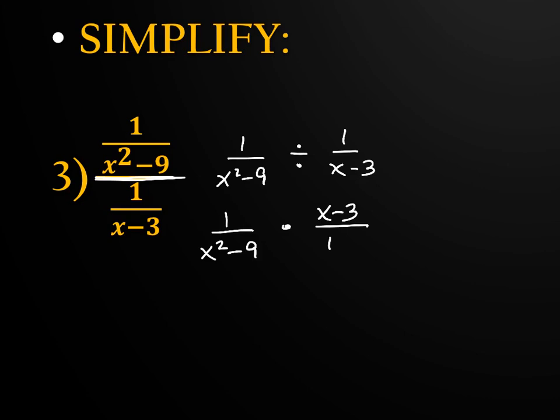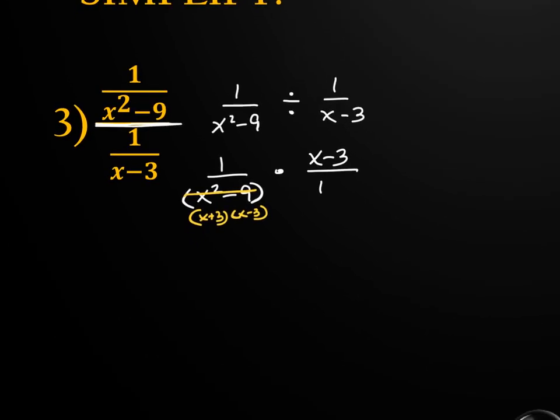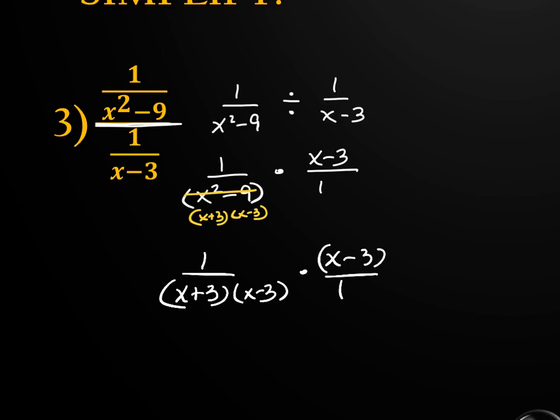Now I need to factor this one. It becomes x plus 3, x minus 3. So let me rewrite it so it's nice and clear. So it now becomes 1 over x plus 3, x minus 3, times x minus 3 over 1.